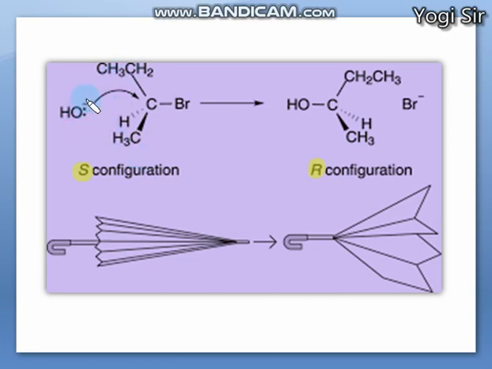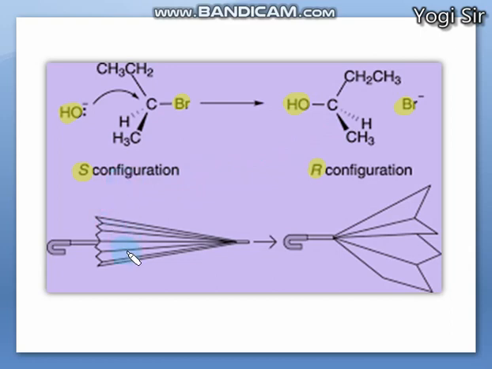When this OH is attacking this carbon atom, and Br minus is removed from the carbon, this OH is permanently bonded on this carbon, and it produces the product which is opposite to the original. You can say either it is changing its configuration or changing its original isomer, right?